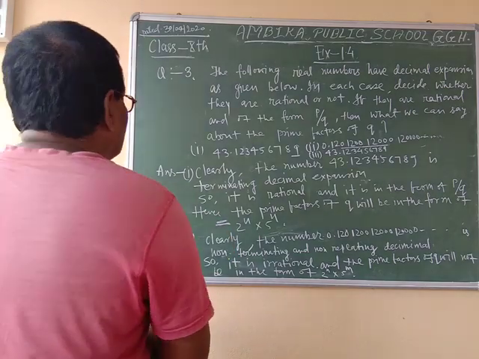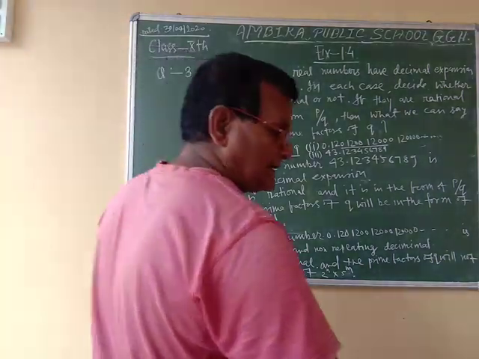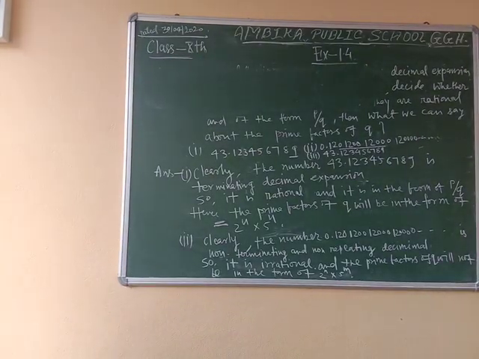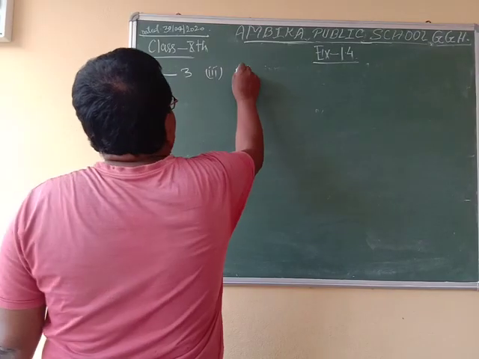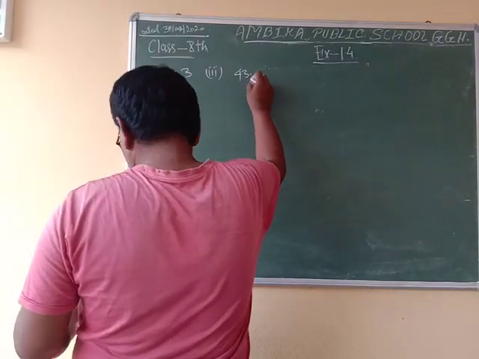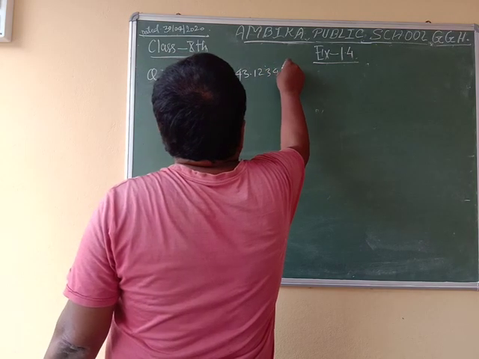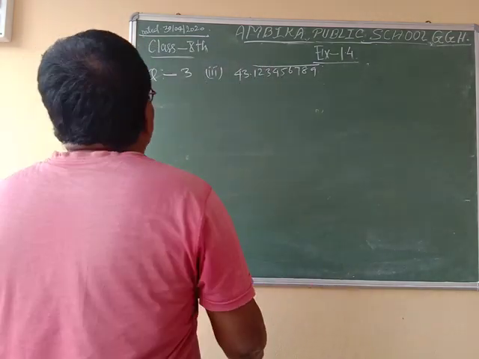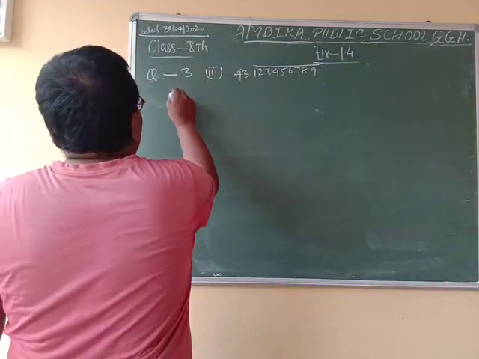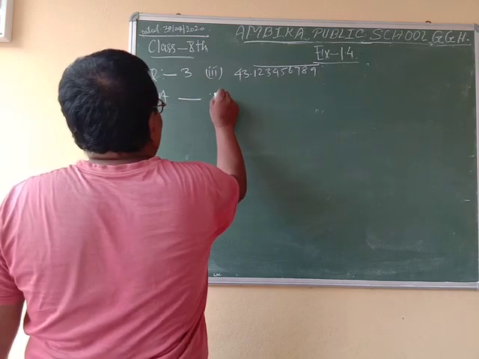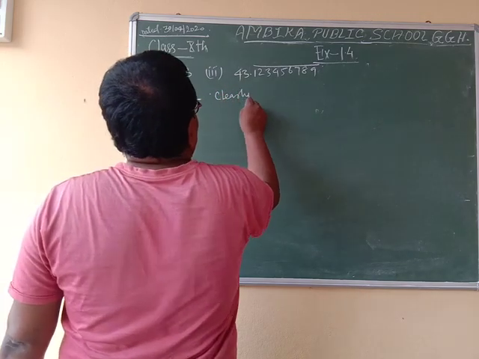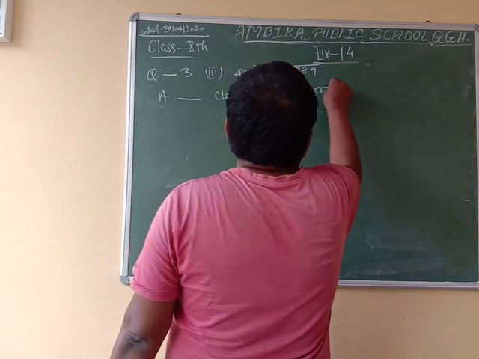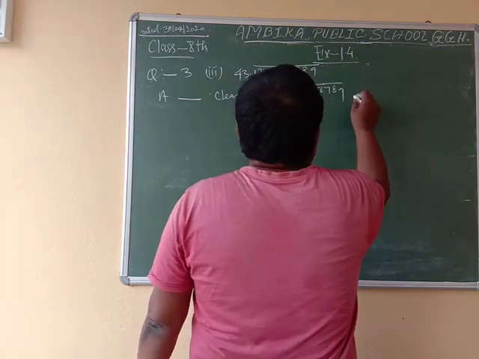I am going to solve this number 3 question. Forty-three point 1, 2, 3, 4, 5, 6, 7, 8, 9 with a bar.